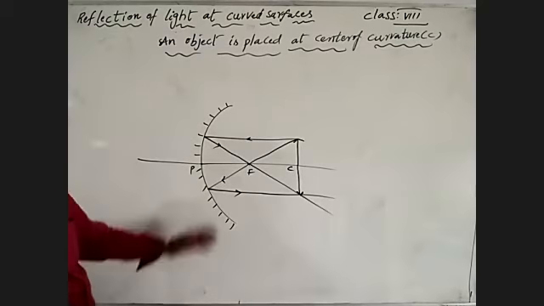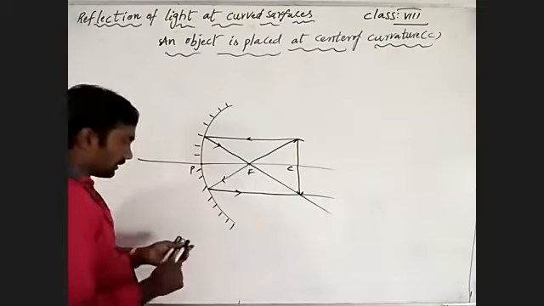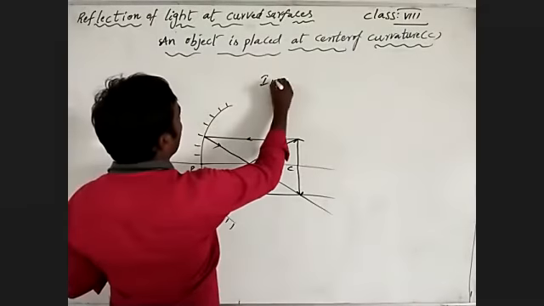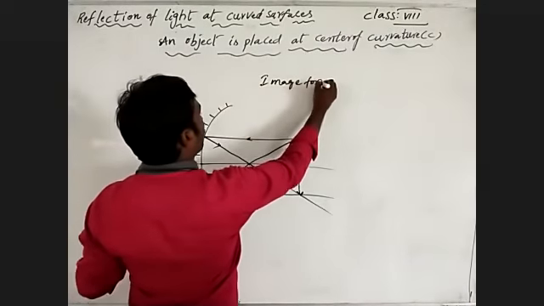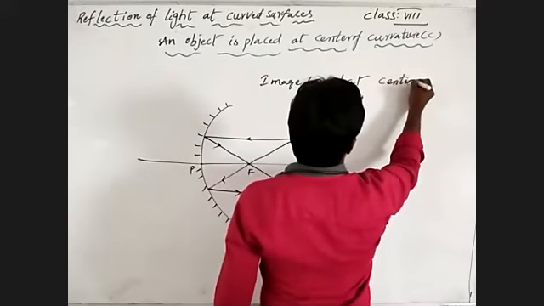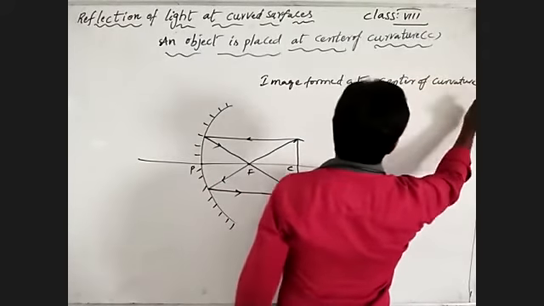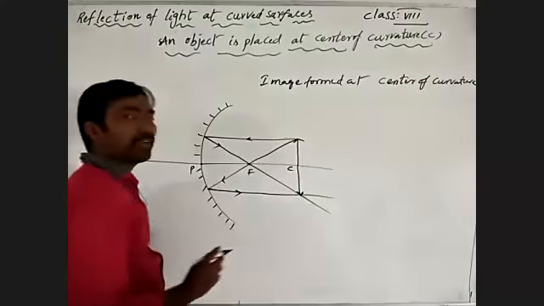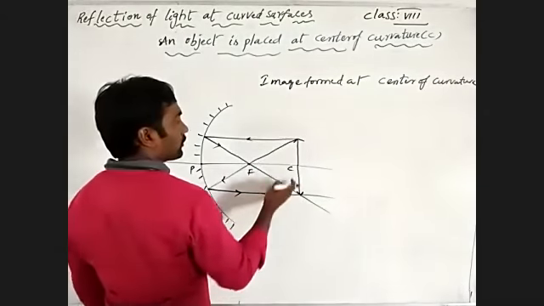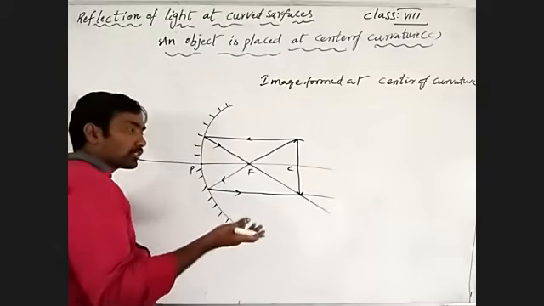When an object is placed at the center of curvature, the image is also formed at the center of curvature, on the downside of the principal axis. So where the object is located, there only the image is located.